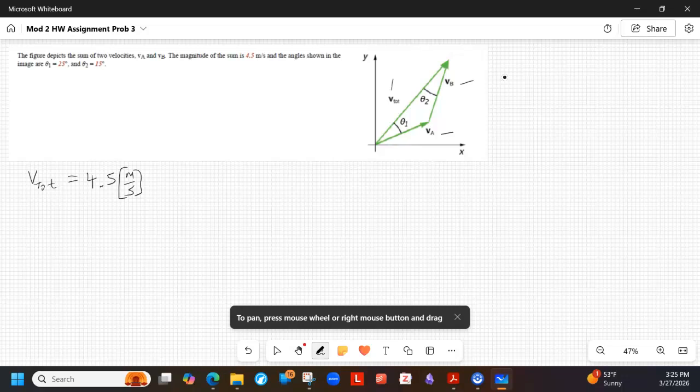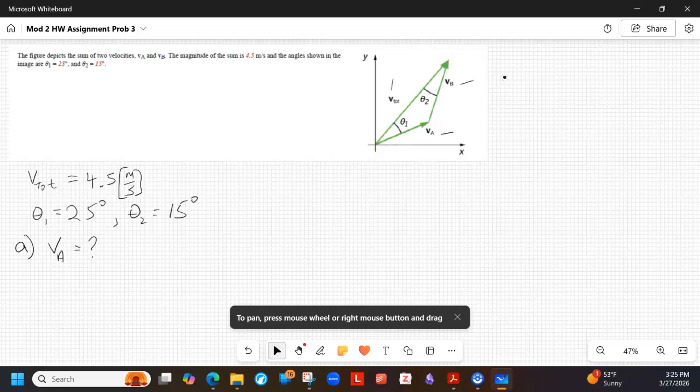We're also told that in my case, theta 1 is equal to 25 degrees and theta 2 is equal to 15 degrees. And in the first question, part A, we're asked to find the magnitude of the vector VA. So VA magnitude equals question mark.